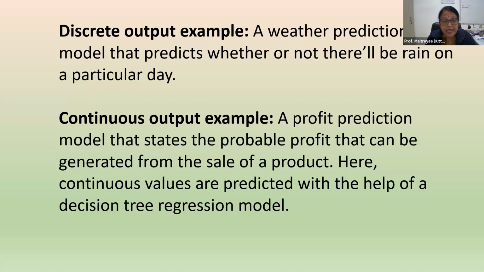You can find out with the decision tree regression model how the sale of a product gives the profit, depending on the selling value of a product. So that time also we can do the decision tree regression model.